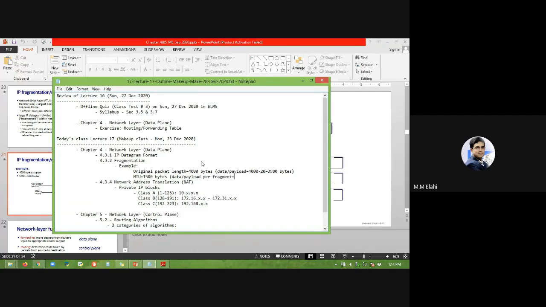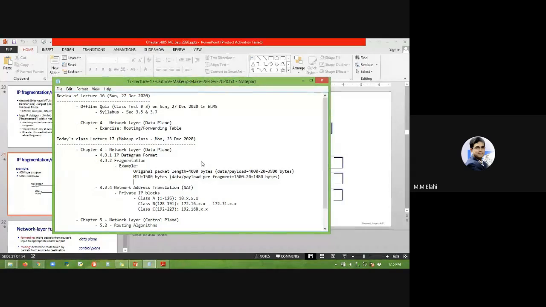Per fragment equals to what? 1500 minus 20 equals to 1480 bytes. Is it clear? So original packet contains 3980 bytes of data, and every individual packet in that link can carry 1500 bytes. That means it can carry 1480 bytes of data.